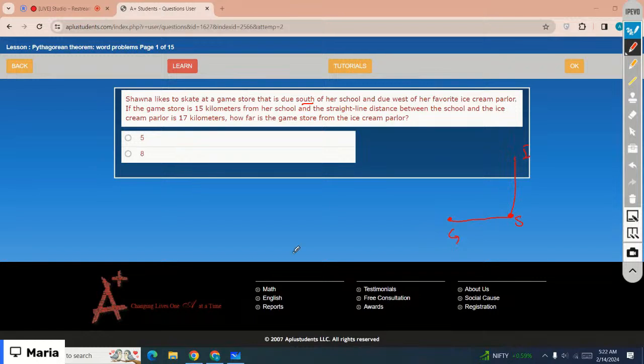If the game store is 15 kilometers from the school, that distance is 15 kilometers, and the straight line distance between the school and the ice cream parlor is 17. No, here is the school. Hold on, let me draw. Read again. Shauna likes to skate at a game store that is due south of her school and due west of her favorite. Okay, so that is a game store.